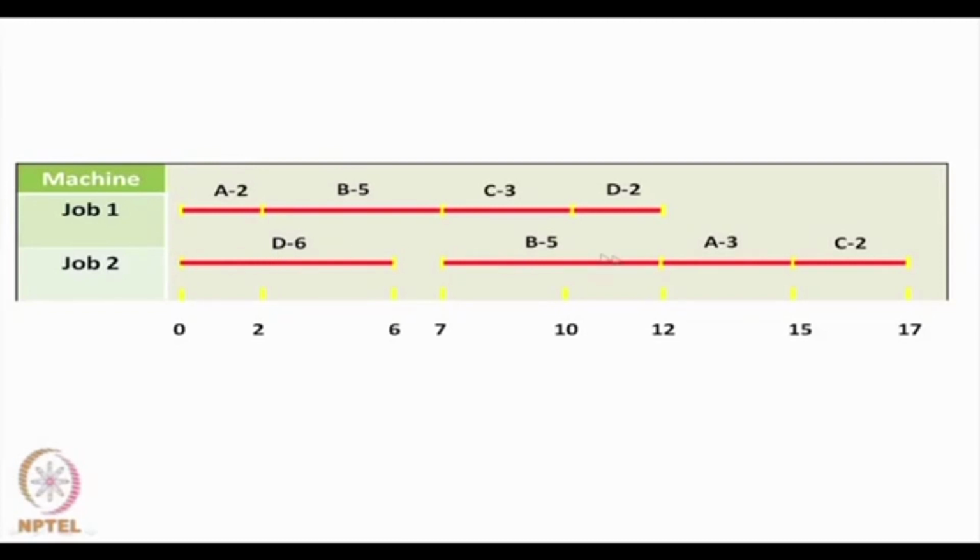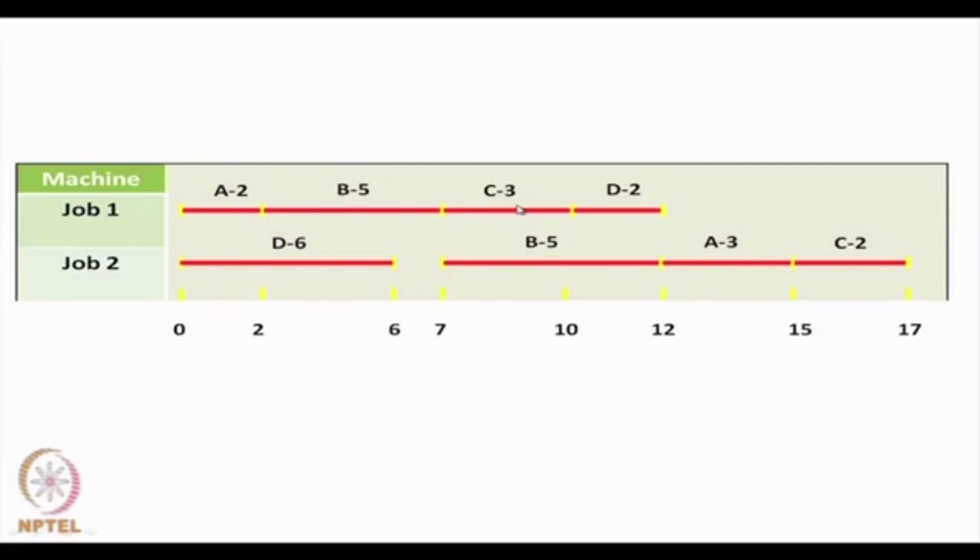D takes 6 hours, but job 2 cannot be given to machine B, because machine B is already busy working on job 1. It will be free only after the 7th hour, and at that time only can job 2 be assigned to machine B. It takes 5 hours, and then A works on job 2 for 3 hours.